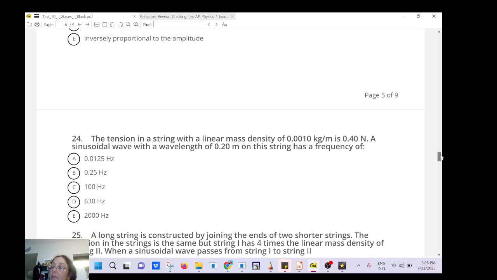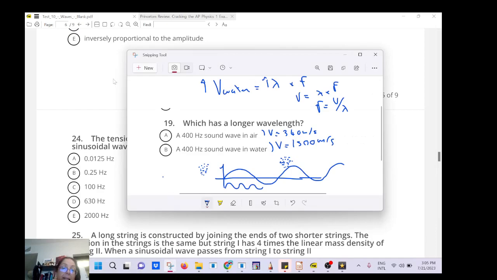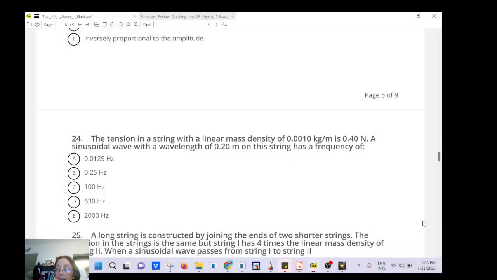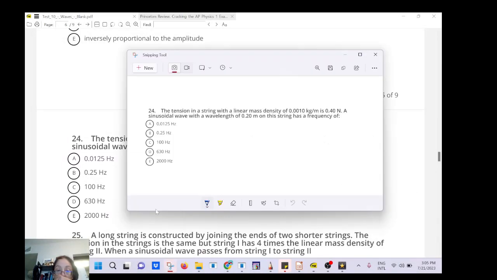So number 24, I think this one is just plug in. So you have the density here, the mass density, you have the tension, and you have the wavelength.